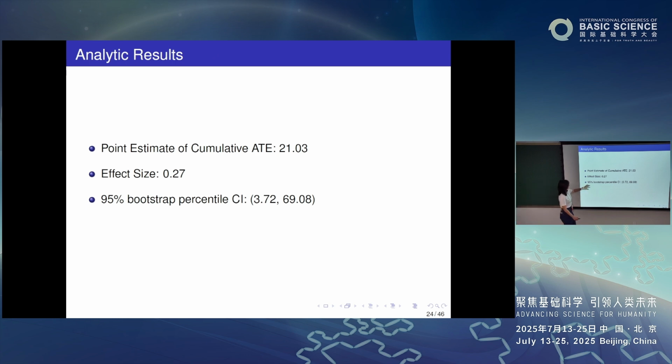And for the bootstrap inference, the 90% confidence interval does not include zero, so this effect is significant. Okay, so small class size is helpful to improve students' academic performance.